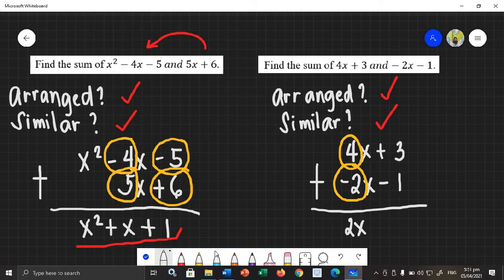And then next is i-add natin yung constant. So positive 3 dito, then negative 1 dito sa kabila. So, 3 plus negative 1, the answer is positive 2. So, write plus 2 there. And that will be your sum. So, the sum is 2x plus 2.